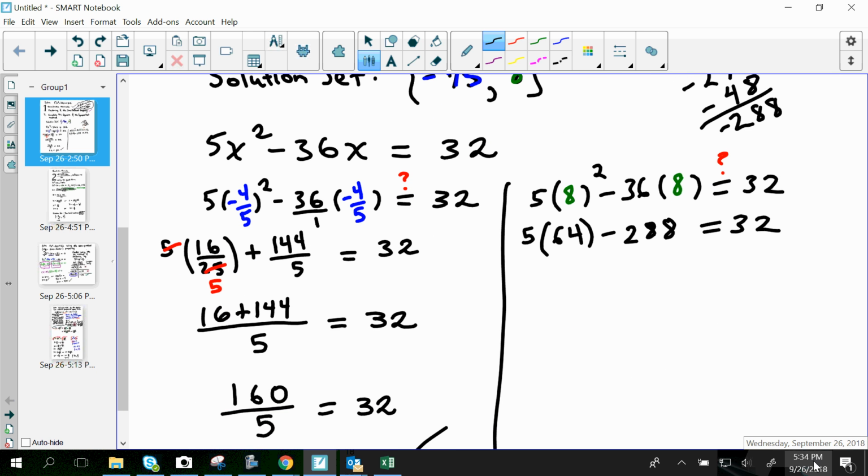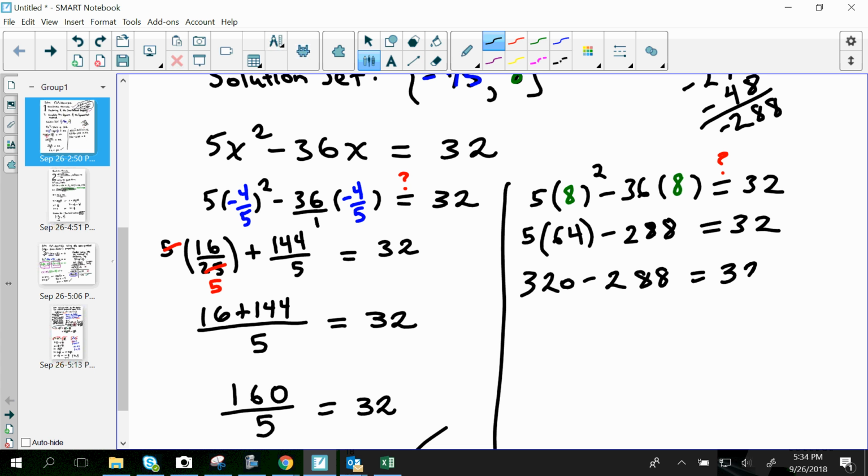Then 5 times 60 would be 300, 5 times 4 would be 20. So we have 320. I must have messed up something somewhere, because this is not going to come out to be, oh yeah, maybe it is. I don't know what I was thinking, so I think it's going to be just perfect. And that should be equal to 32.